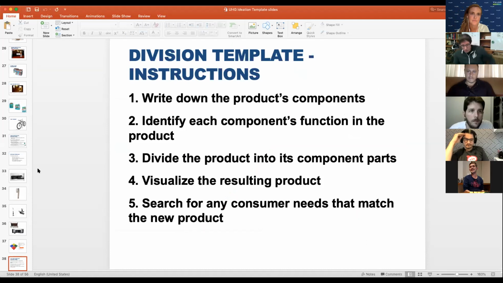Okay, and what you'll notice with this is that I'm trying to turn the creative idea generation process into a mechanical process, right? As long as you generate a good list of internal components and external components, it's almost like a machine could do it. You could literally stick it in a spreadsheet and just have it sort things for you.